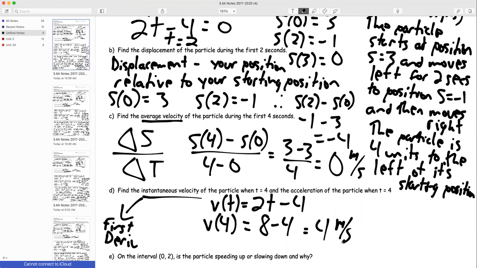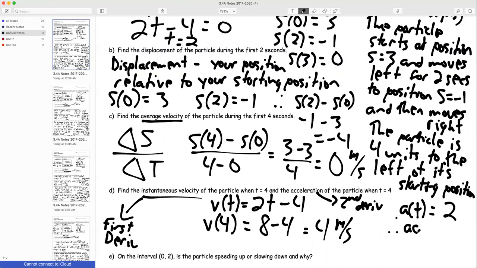And the second part of this question says, and the acceleration when t is equal to 4. And so now I need to get my acceleration equation. Acceleration, that's going to be the second derivative of the position, or the derivative of the velocity. So a of t is the derivative of 2t minus 4, which is 2. Meaning that I have a constant acceleration.